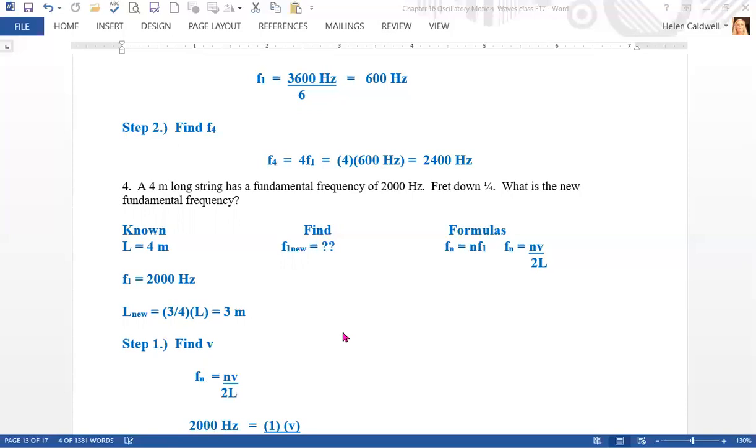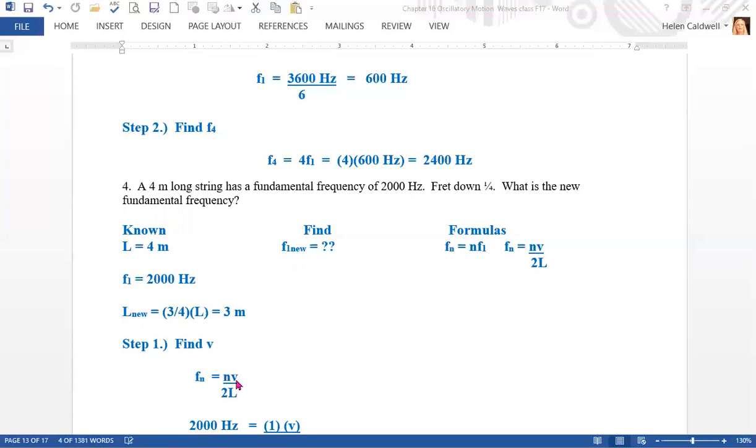So they said, what's the new fundamental frequency? So F1 new, that's what we're looking for. And we know that Fn is n times F1. Well, we've only got fundamentals, so that's not going to be very useful. But we also know that Fn is n times V divided by 2L.